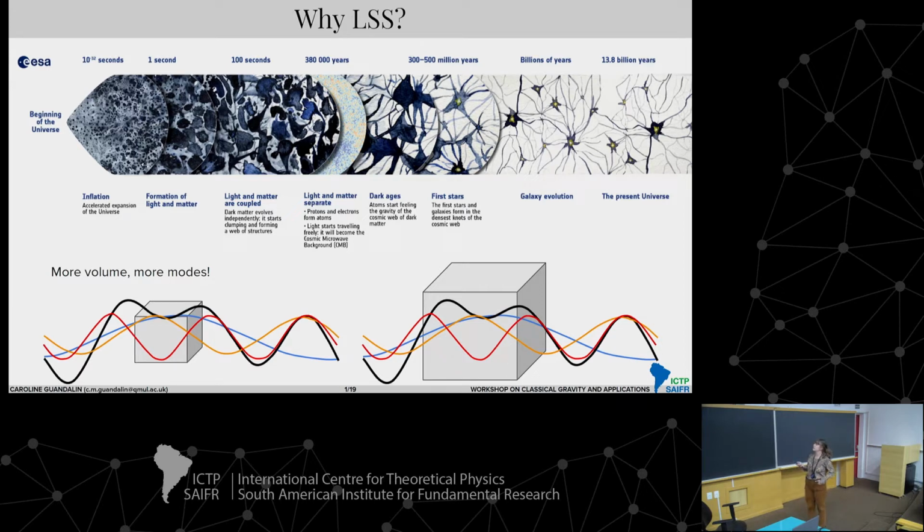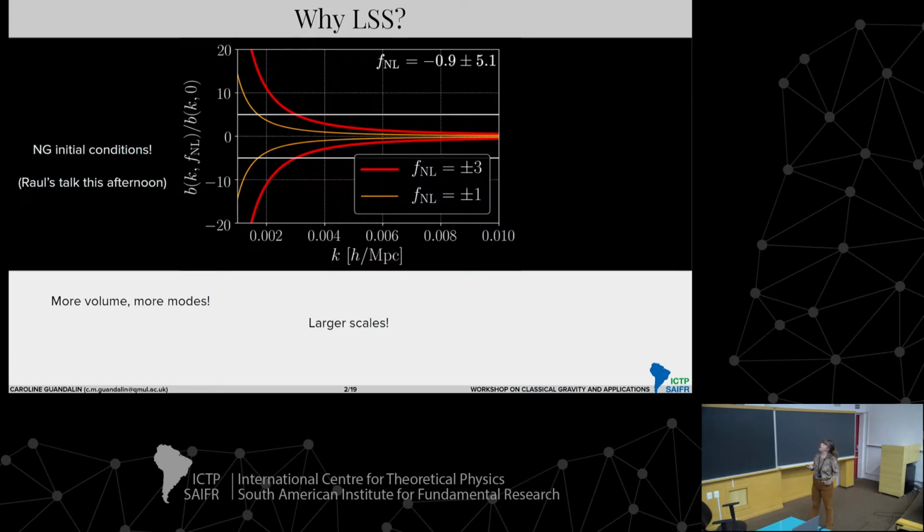So this gives us a nice way of doing statistics. And if we can sample these larger modes in a better way, this means that we can go to larger scales where some very interesting effects start to appear in the distribution of large-scale dark matter tracers.